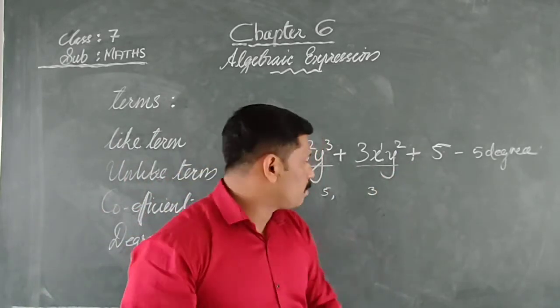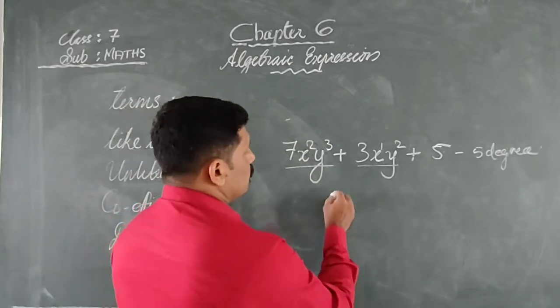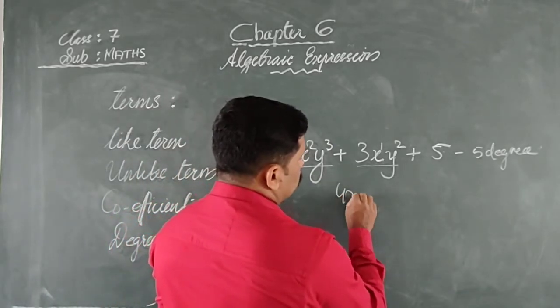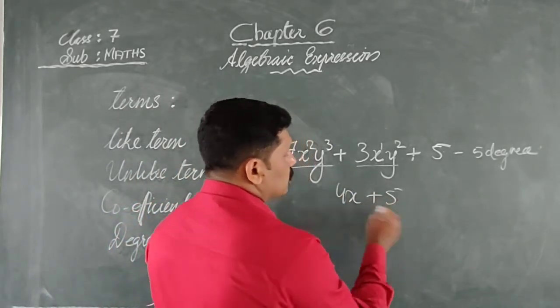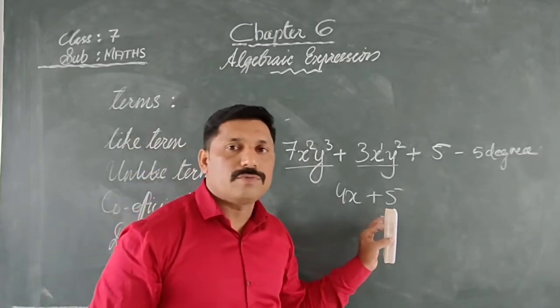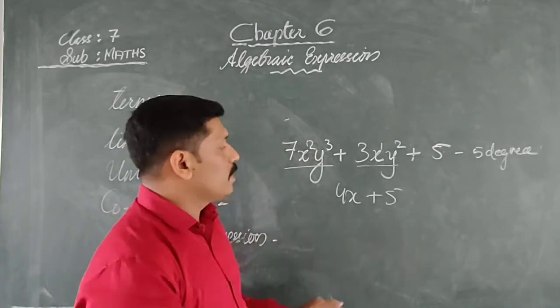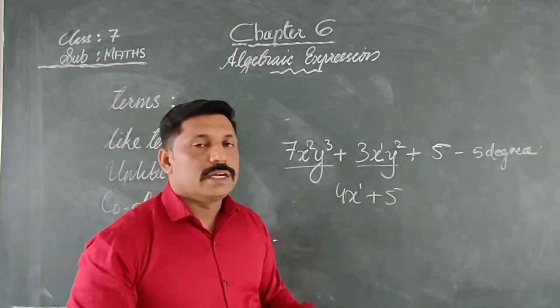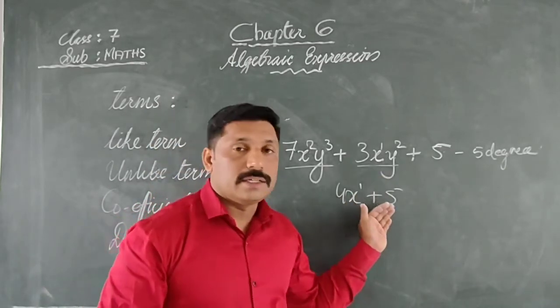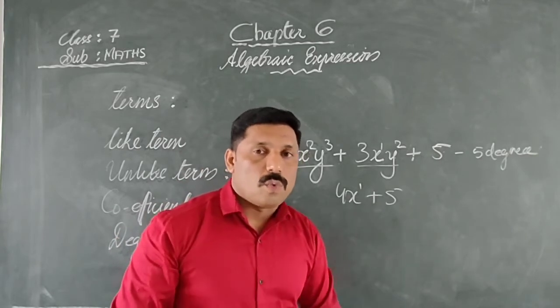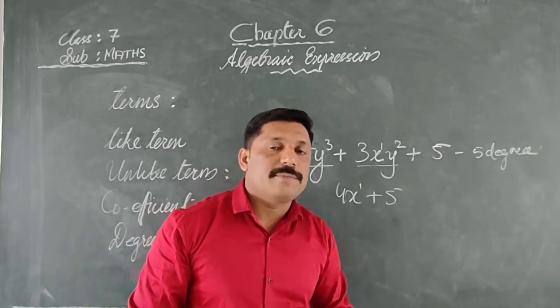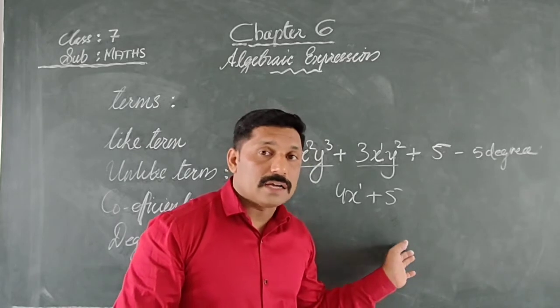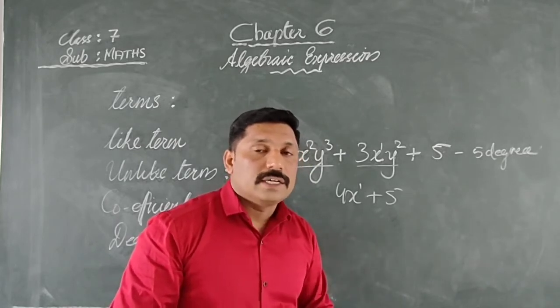Suppose I take another expression, 4x plus 5. What is the degree of this algebraic expression? Here you can see only one variable, therefore its power is 1. Therefore, the degree of this expression is 1. The highest power of a term in an expression will be taken as the degree of that expression.